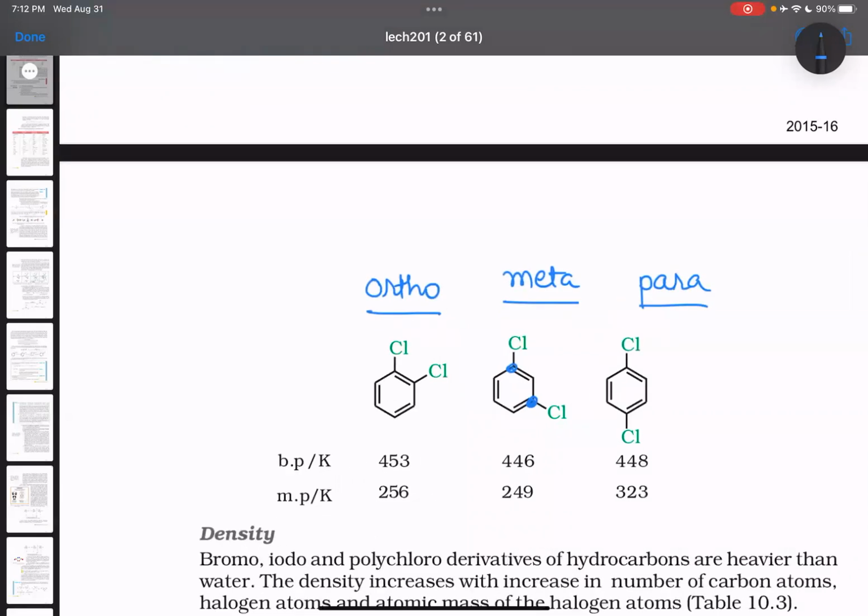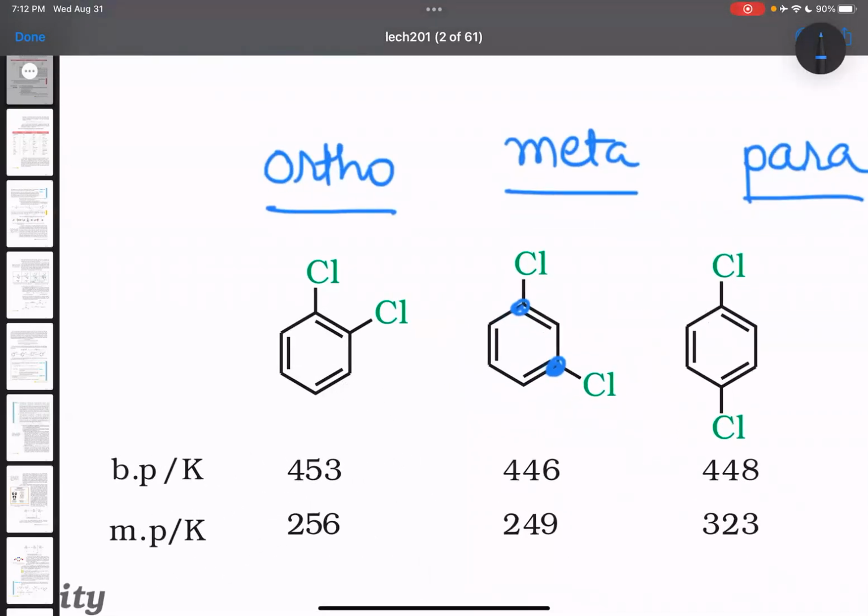Okay, so which one is going to be most polar? Why am I putting an arrow on the Cl bond? Ortho is going to be more polar, because both the Cl are very close and they are trying to pull the bonded electron pair in the same direction. Dipole moment is a vector quantity, you must have studied in your electrostatics.